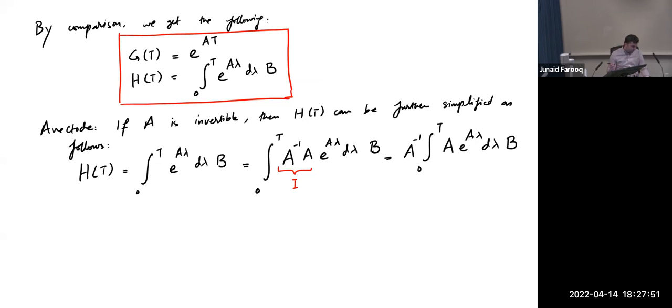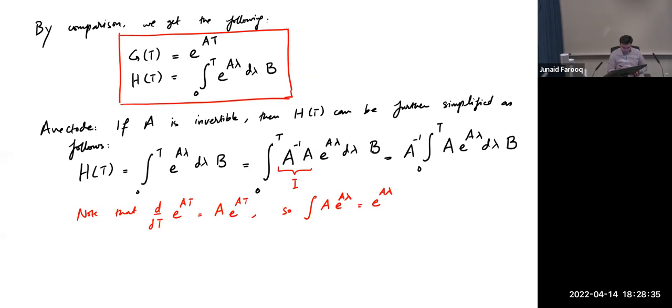Now the reason why we do this is because if there is a derivative inside the integral, it becomes easy to integrate. Note that d over dT of e to the power AT equals A e to the power AT. So the integral of A e to the power A lambda will be simply e to the power A lambda.